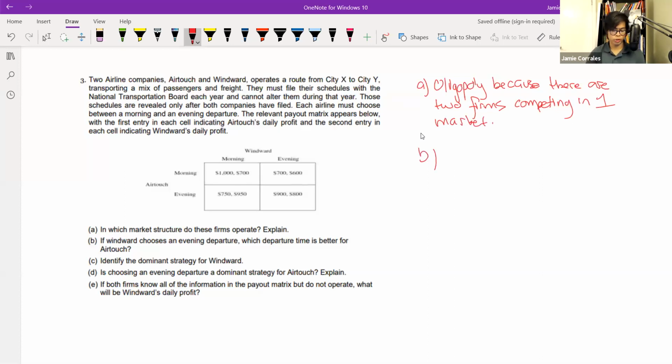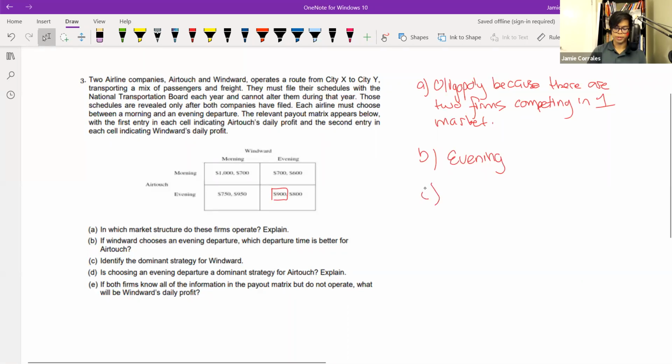B, if Windward decides on an evening departure, which departure time is better for Air Touche? Looking at these payoffs, 700 versus 900. Should Air Touche do morning or evening? Well, clearly 900 is better than 700. And so Air Touche is going to evening because the payoff is greater. 900 is greater than 700.